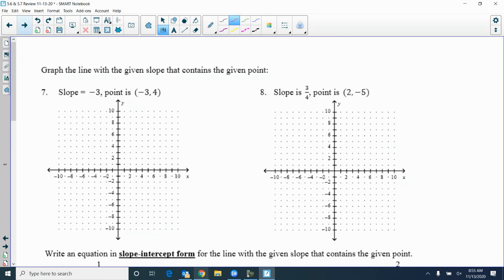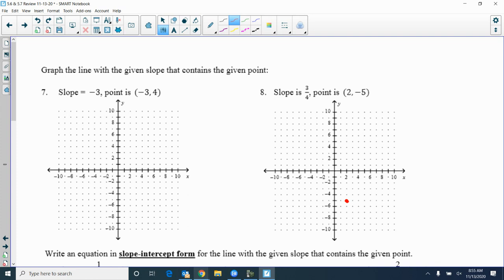Hey, we're going to do number 8. No work involved. A lot of people want to make this a lot harder than you need to. They tell you the slope, right? They tell you the point on there. So just go to that point. It's the same as if they give us the y-intercept. That's my starting point. So I just put 2, negative 5 there for number 8.